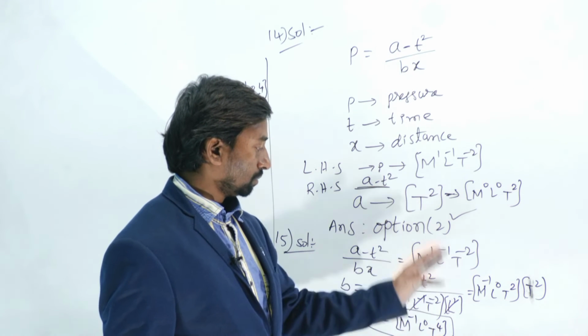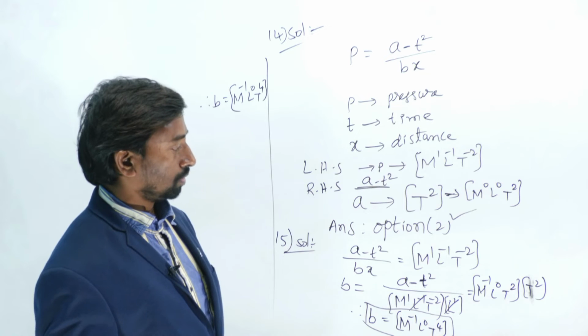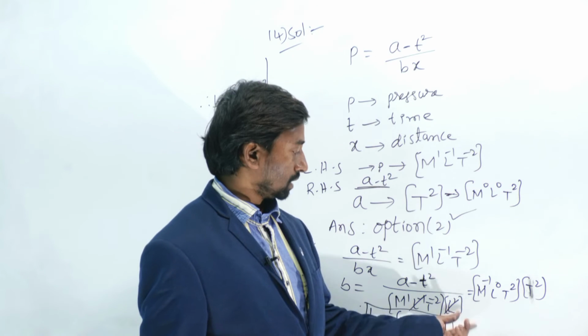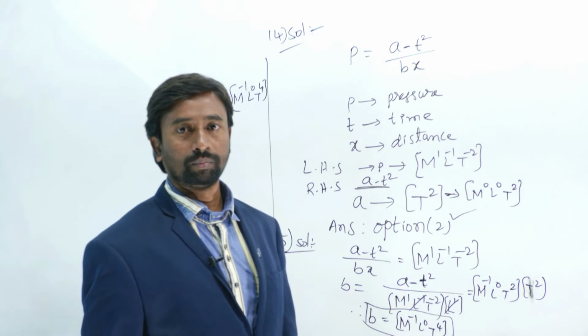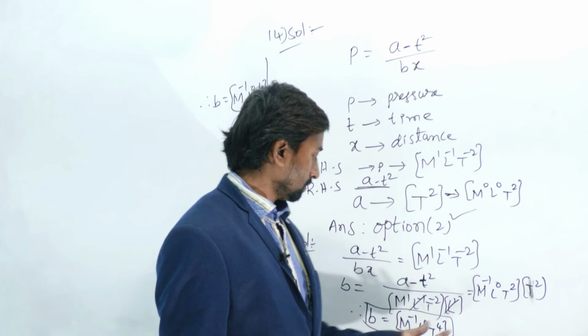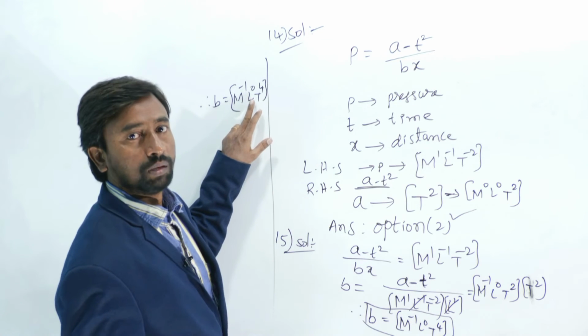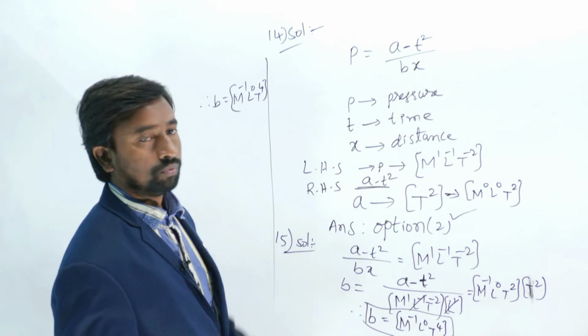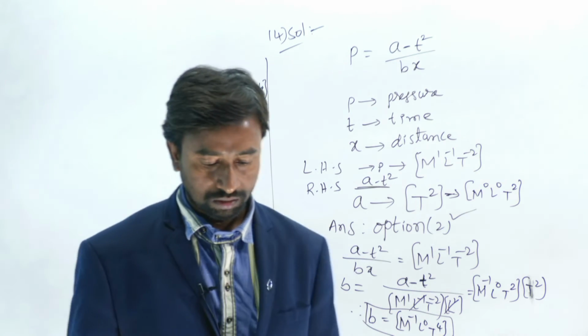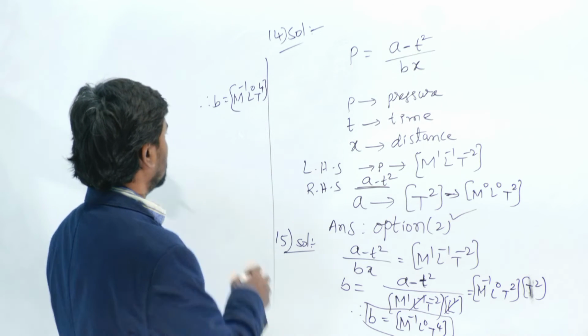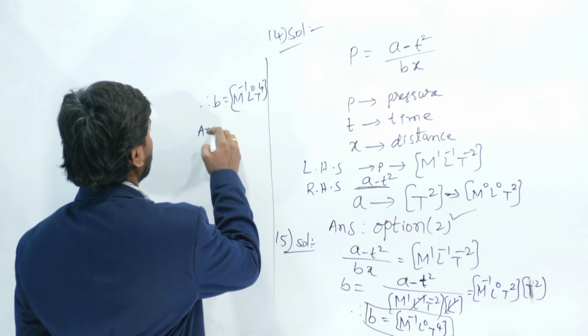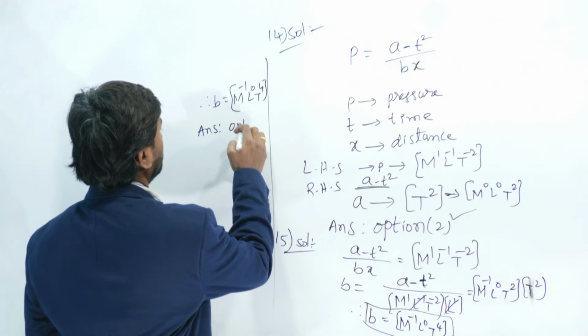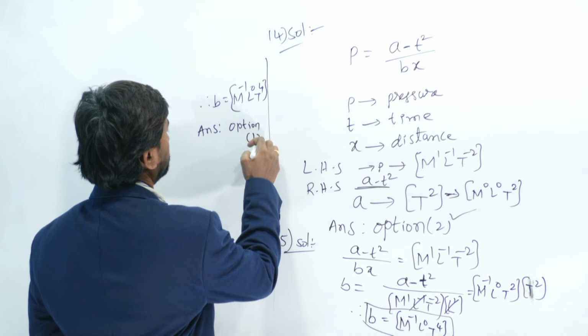If this T power minus 2 goes to the numerator it becomes plus, and M power minus 1, M inverse will be there. So multiplying, we get M power minus 1, L power 0 and T power 4. So the correct answer is option 1.